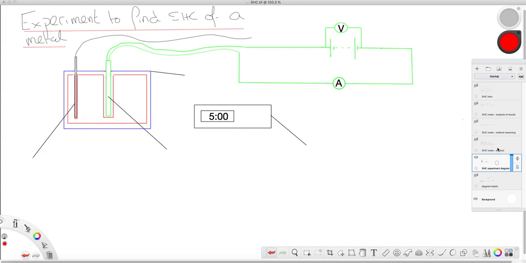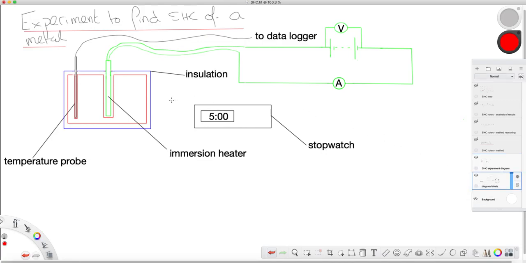You wrapped it up in some insulation to reduce the thermal energy loss from it. You had a temperature probe to measure the temperature. You had an immersion heater connected to a circuit where you measured the current and the PD across the heater, and a stopwatch to measure the time.